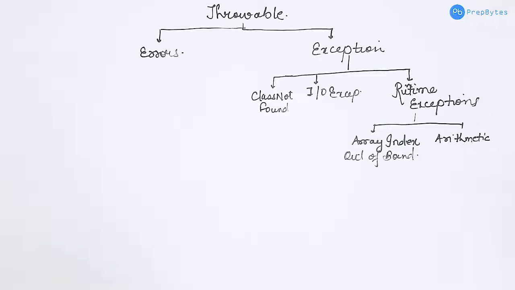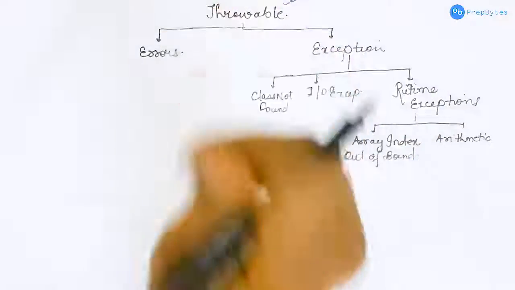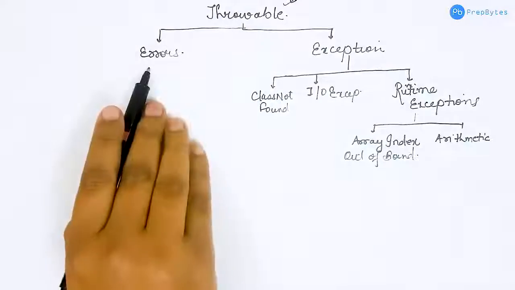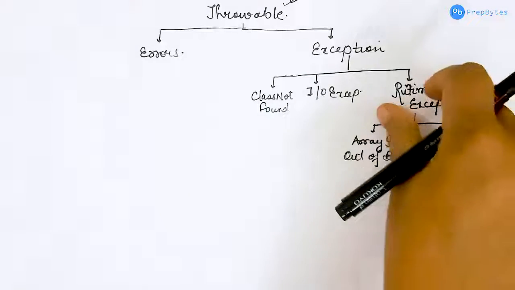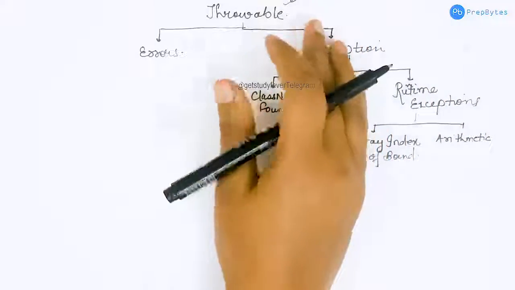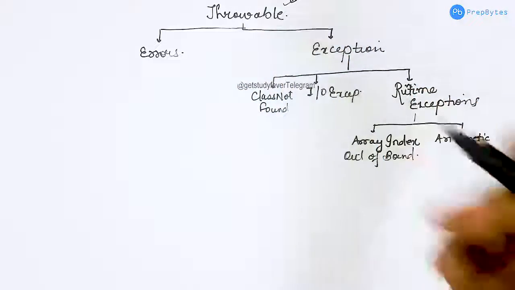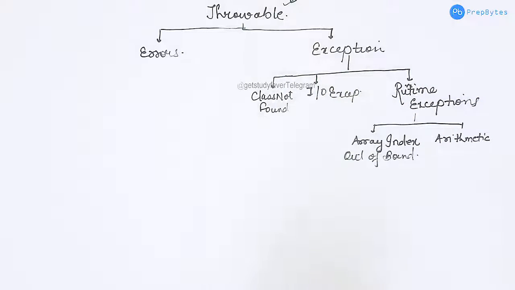Now, this is the hierarchy. We have the parent class Throwable, which has two subclasses, errors and exception. Exception is broadly categorized in two categories: first is runtime exception, and then everything that is not runtime exception. Runtime exception further has subclasses, array index out of bound, arithmetic exception and exceptions like that.